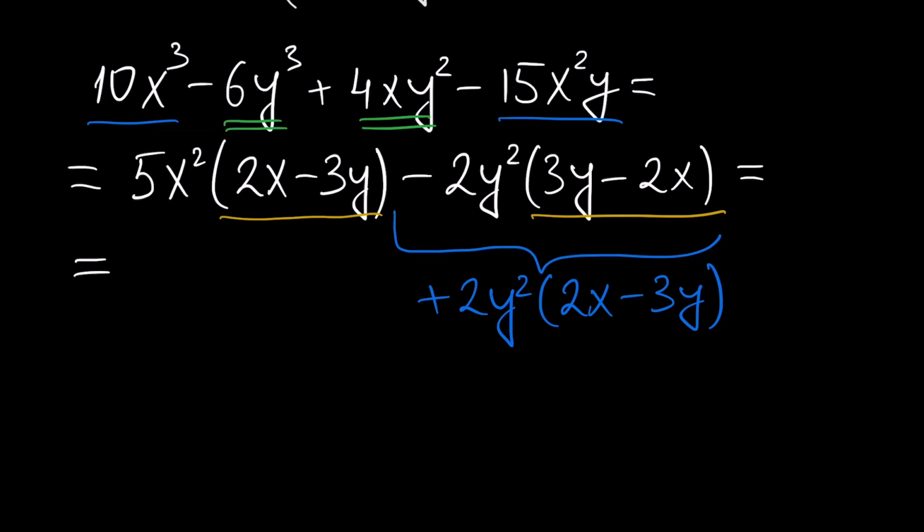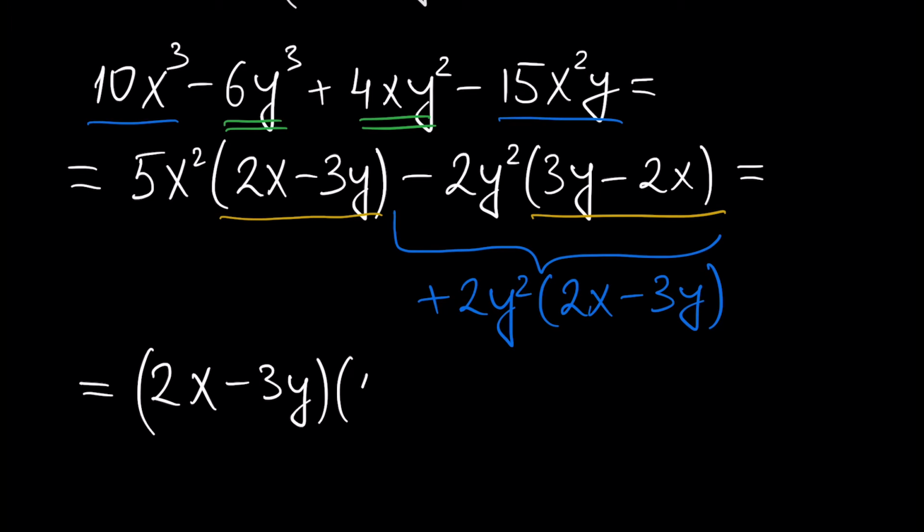And next we will take out these two factors out of our expression, and we will have 2x minus 3y times 5x squared plus 2y squared.